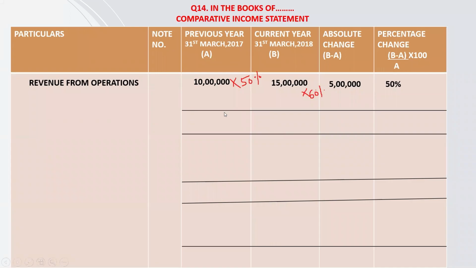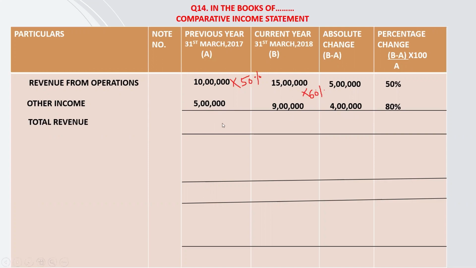So जब मैंने calculation किया, other income previous year के लिए आया 5 lakh, current year के लिए आया 9 lakh. 15 lakh का 60%. So it stand at rupees 9 lakh. 5 lakh और 9 lakh का जो difference है, absolute change it is 4 lakh. When this 4 lakh will be divided by 5 lakh and multiplied by 100, we will get percentage change of 80%.